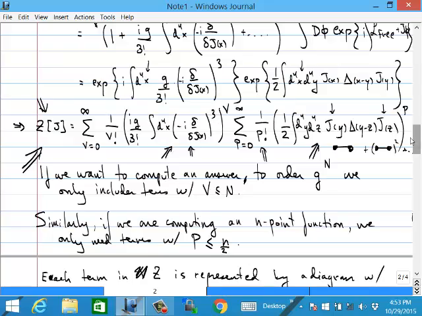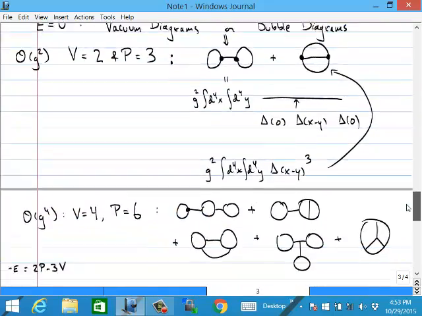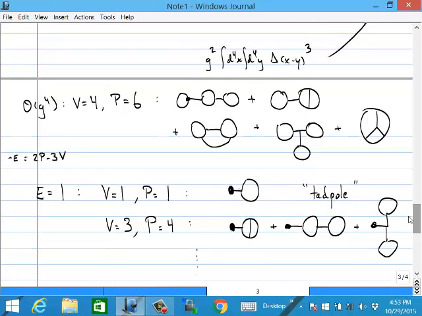We can work with the E equals 1 that we just made. That would make me think, oh, we can have 2 propagators and 1 vertex. I guess I didn't do that counting quite right. If you want E equal to 1, I was being a little sloppy.